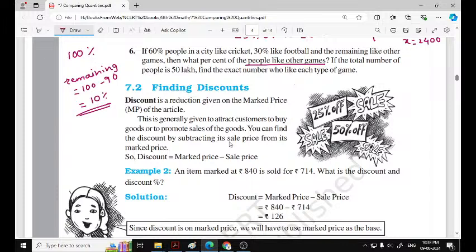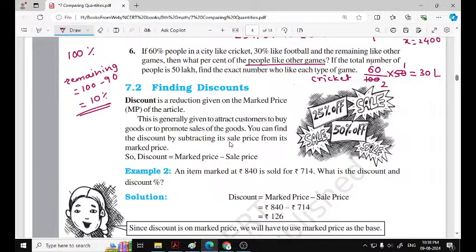The total number of people is 50 lakh. So 60% of 50 lakh like cricket. We can divide 100 by 50. That is equal to 30 lakh people like cricket.